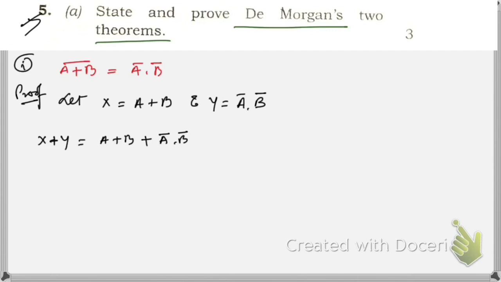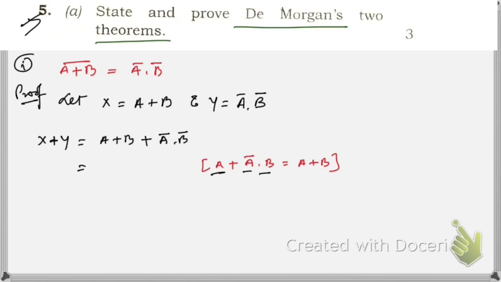Then what you can do here, we have a property that a plus a complement dot b, you can write a plus b. So we have this property a plus a complement b, then you can ignore this a complement, and write a plus b.